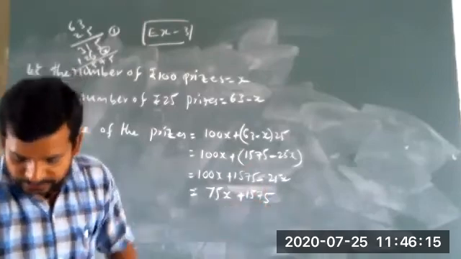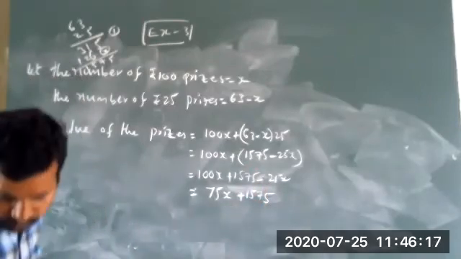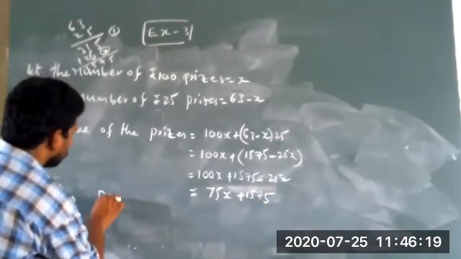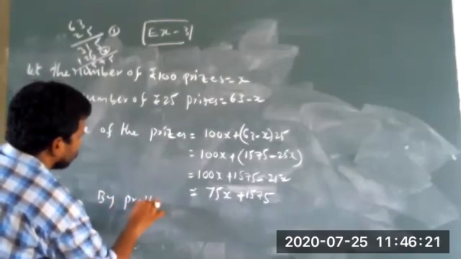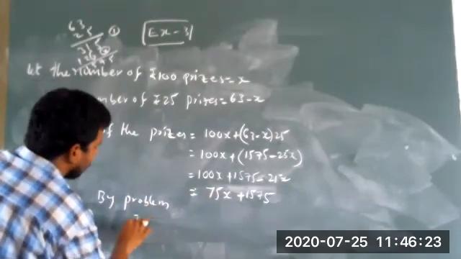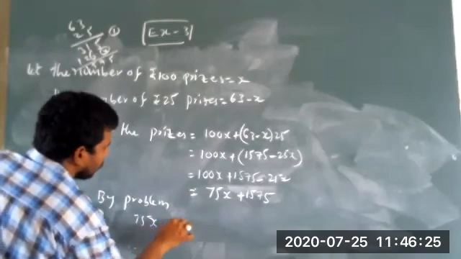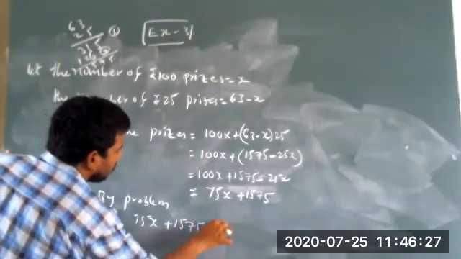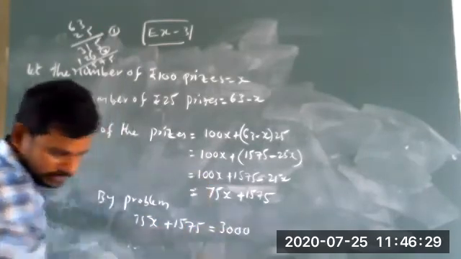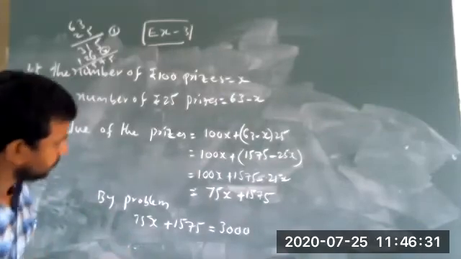Okay, now next, by the problem, 75x plus 1575 equals 3000. Total how much, children? 3000.